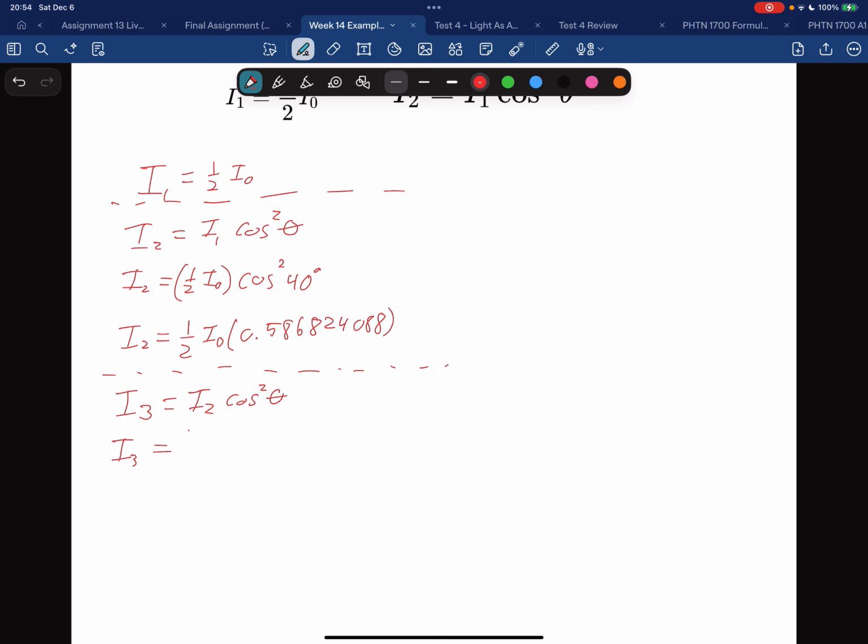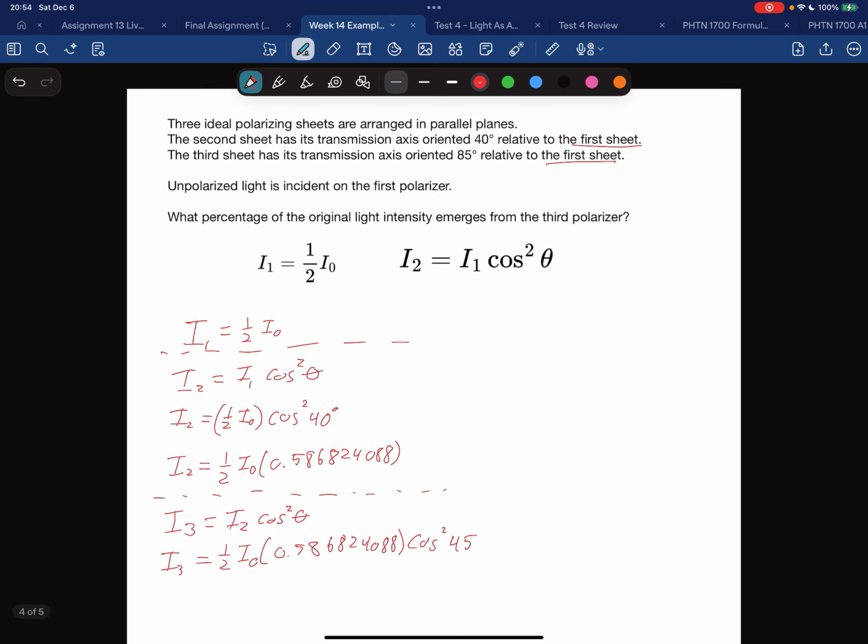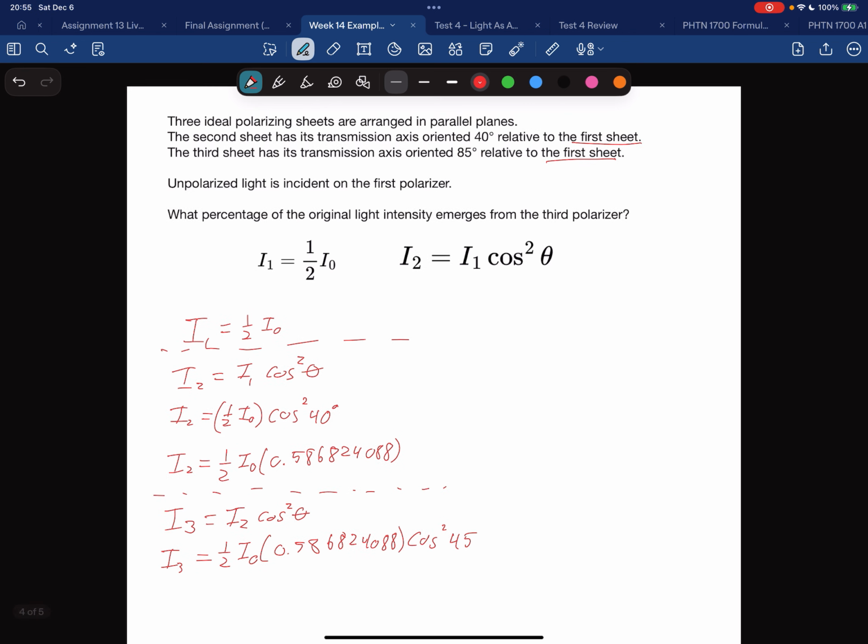I'm going to sub in what we got for I2 in terms of the original light, times the cosine squared of the angle between the third and the second polarizer. So here we're not using 85 degrees. We are told that both of these polarizers are at different angles relative to the first sheet. This angle theta in the formula is the angle between the polarized light and the transmission axis of the filter.